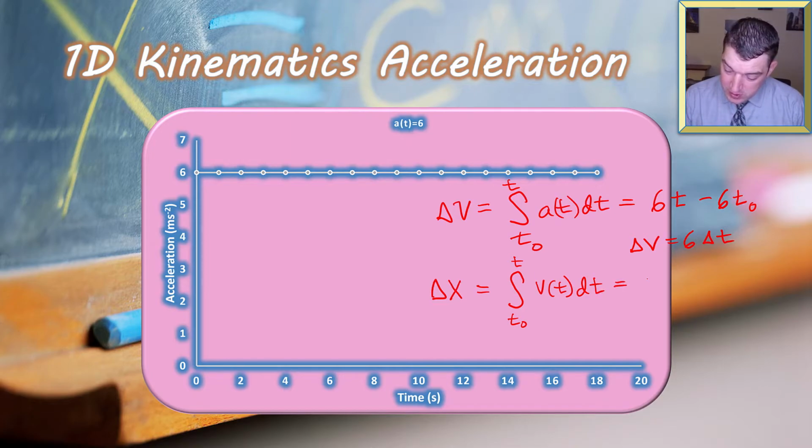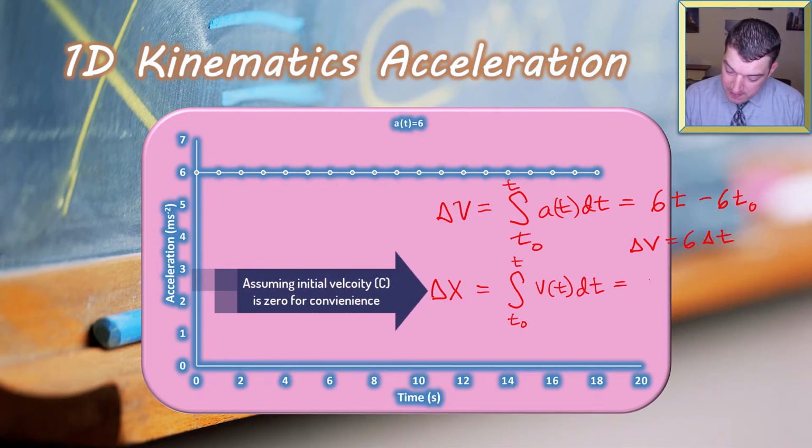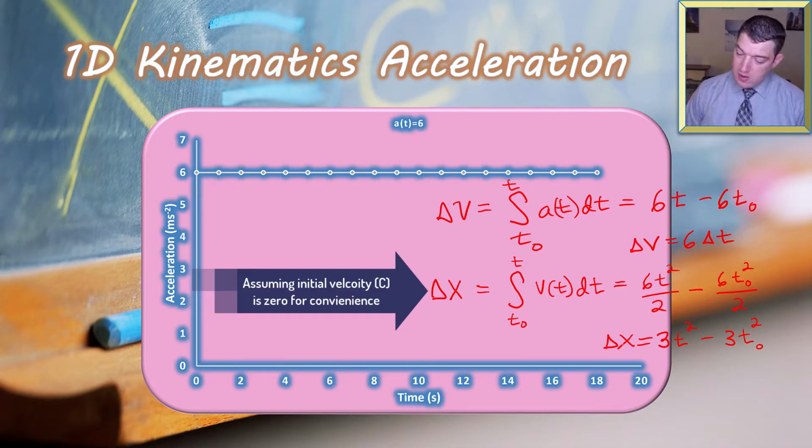The velocity as a function of time is 6 times t, which means that this is 6 times t squared divided by 2 minus 6 times t not squared divided by 2, or 3t squared minus 3t not squared. And that is our change in position in terms of that time.